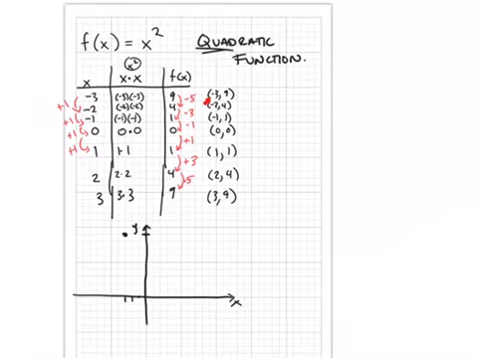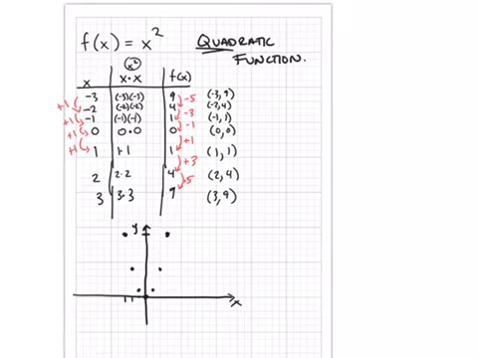Okay? This point here, -3, 9, shown here. -2, 4. Okay? -1, +1, 0, 0, 1, 1, 2, 4, and 3, 9. Okay? So you can see 3, 9 here. This is 2, 4 down here. 1, 1 down here.